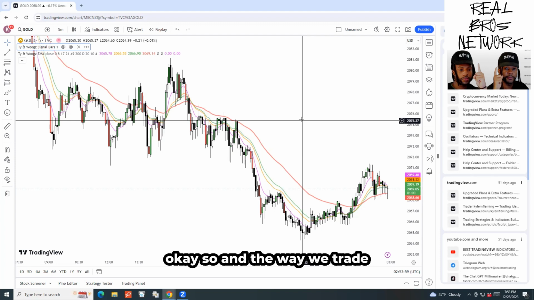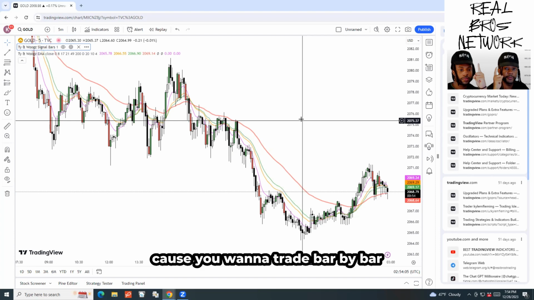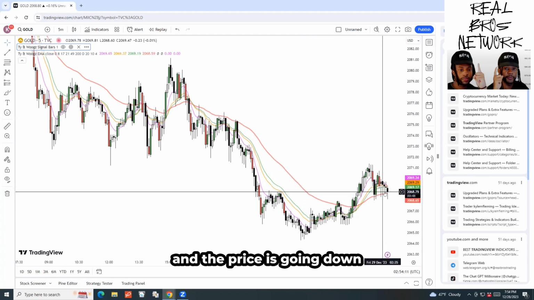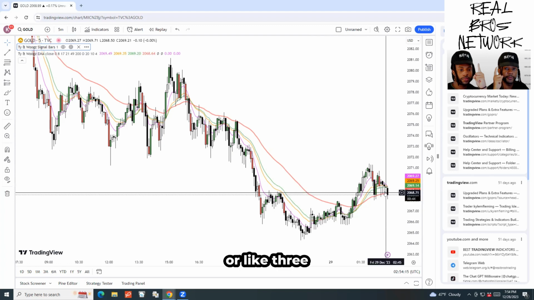And the reason why I set up the indicators like this is because you want to trade bar by bar. Let's say you took a sell right here in a red candle, and the price is going down, and then you see 2 or 3 green candles in a row.